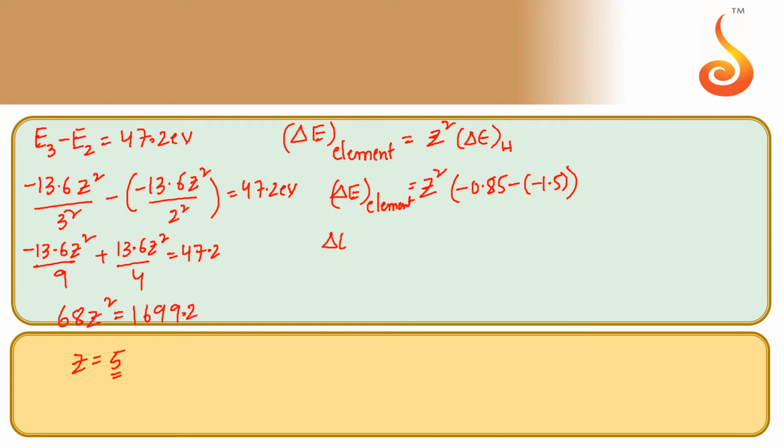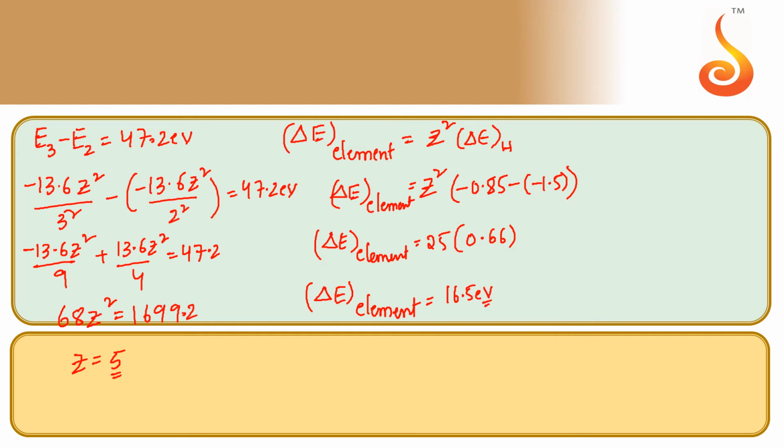So the energy difference in the element, Z is 5, so 5 square is 25, into minus 0.85 plus 1.5, which is 0.66 electron volt. So the difference of energy of the element when it jumps from the third orbit to the fourth orbit will be 16.5 electron volt.